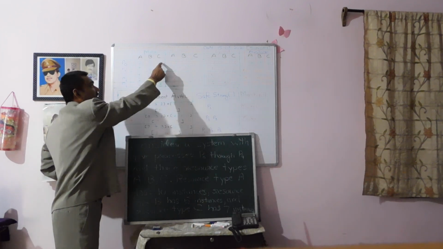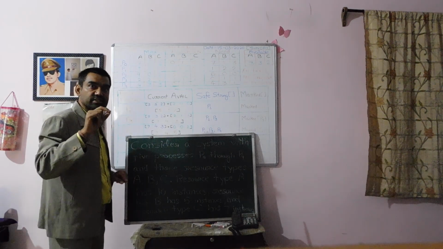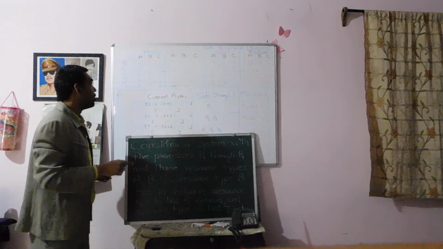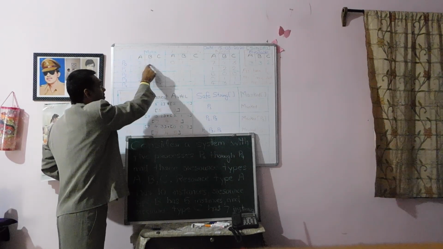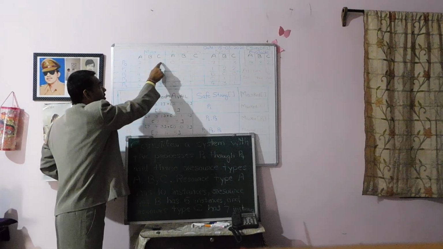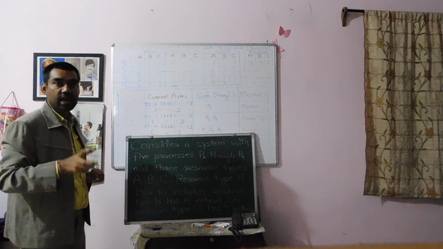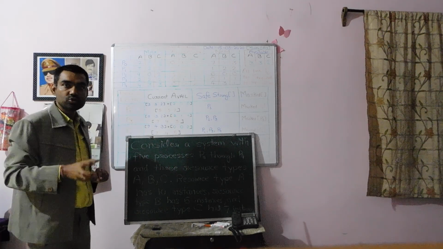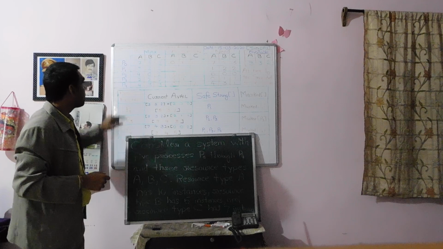Likewise, 3 is specifying the maximum instances of resource type C required by P0. So this vector 7, 5, 3 specifies the maximum resource requirement of P0.